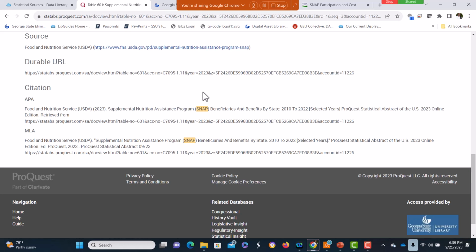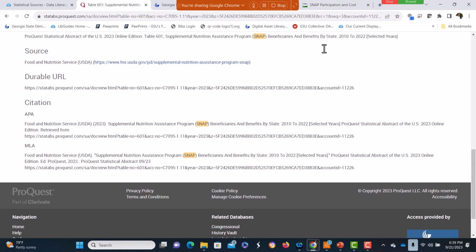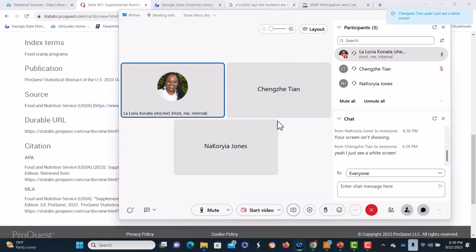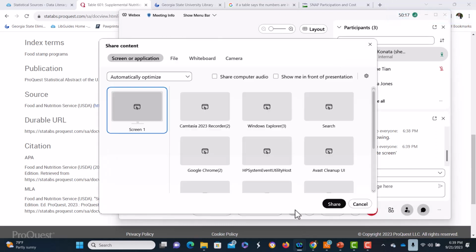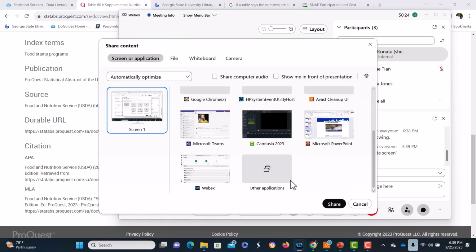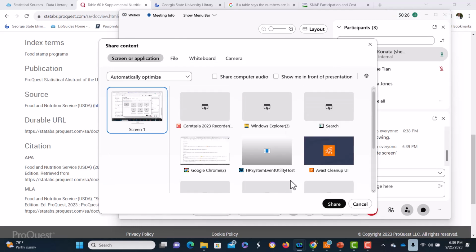Excuse me? Yes. Your screen isn't showing anymore. I just see a grid. Oh boy. Okay. Let me stop, and I'm going to share again. Make sure I pick the right one.